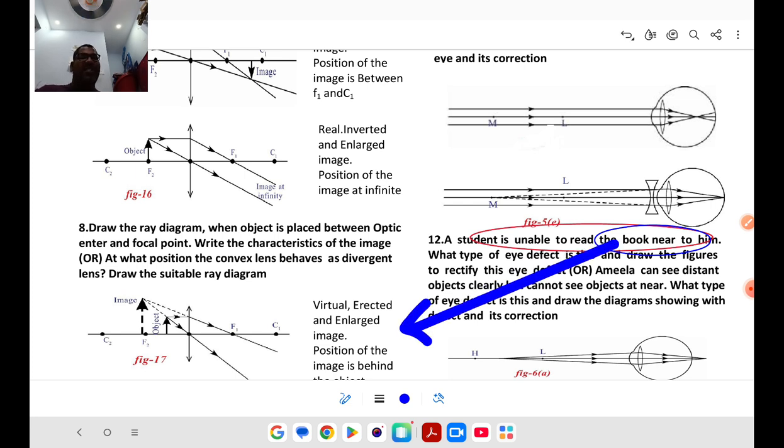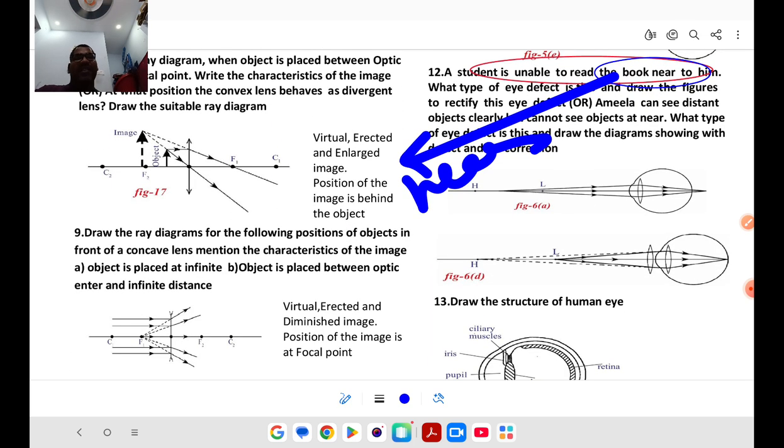When he cannot see near objects, what type of defect is he suffering with? Definitely he is suffering with far-sightedness. Far objects he can see, near objects he cannot. A simple example is that some older people cannot read the newspaper. With what defect are they suffering? They are suffering with hypermetropia.